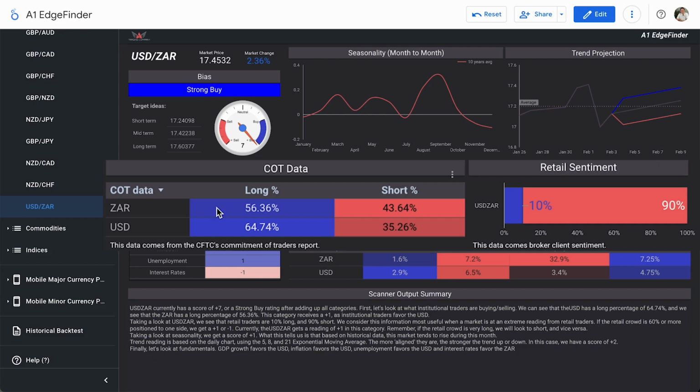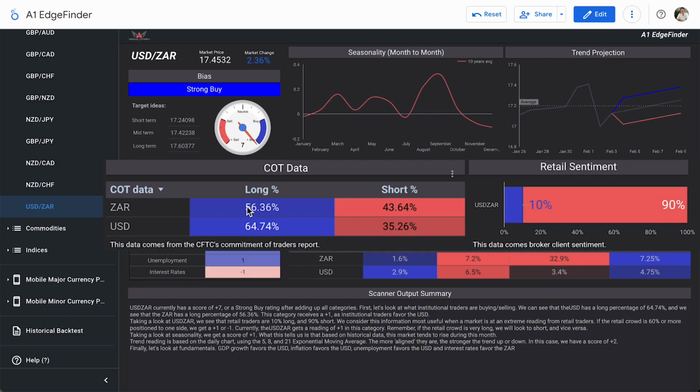So very, very slight favoritism long on the South African rand, although we don't really consider something to be long or short bias until it crosses over this 60% threshold here. It needs to be clear and obvious that it's trending one direction or the other, and since this is just a little over 50-50 and it's not quite to that 60% mark, we are not technically scoring it long or short. This is kind of staying neutral, which is why this only has a +1 score here.